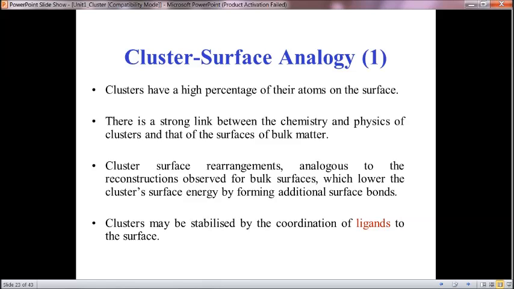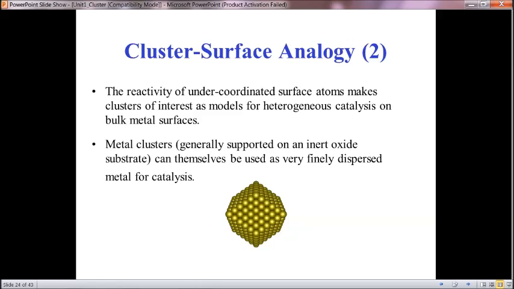So this is one of the important analogies, and the clusters may be stabilized by the coordination of ligands to the surface. Likewise, the reactivity of under-coordinated surface atoms makes clusters of interest as models for heterogeneous catalysis on bulk metal surfaces. Metal clusters generally supported on an inert oxide substrate can themselves be used as very finely dispersed metal for catalysis.